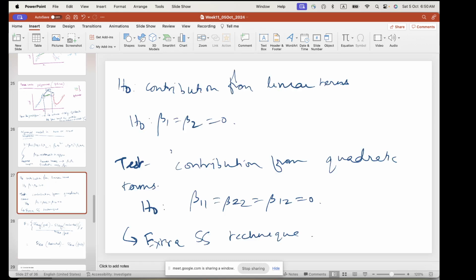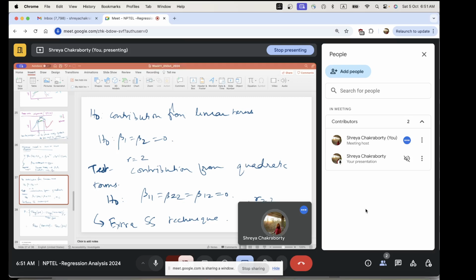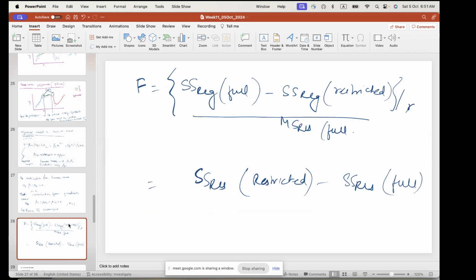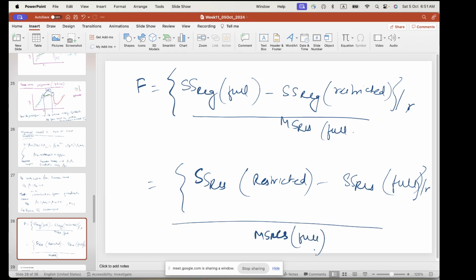So in one case r equals 2, here r equals 3.